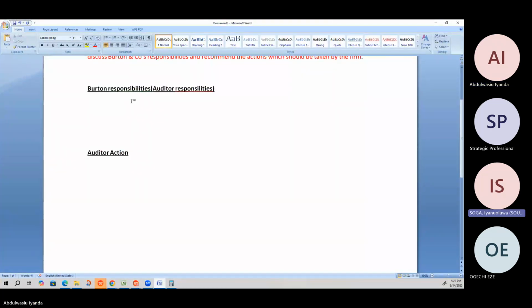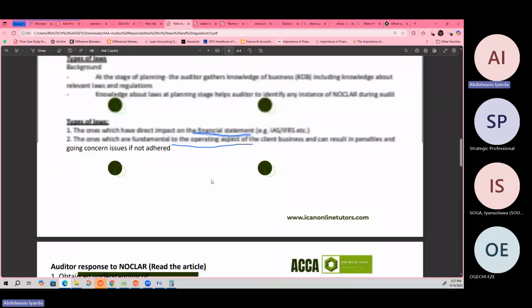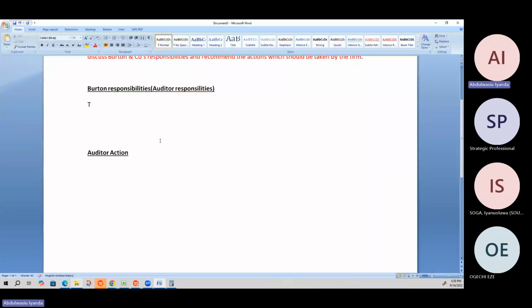Integrity is very vital. Let's go back to our responsibility. What is our responsibility, sir? Let me think of what we have said. Our responsibility is to address any instance of non-compliance and take appropriate action. So there's no really more stress on this one.